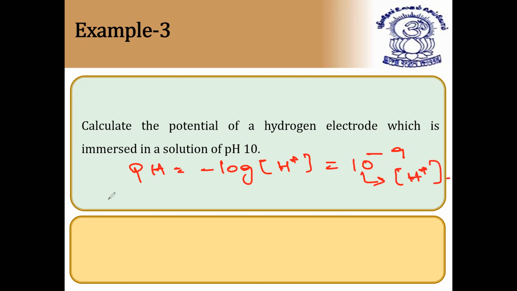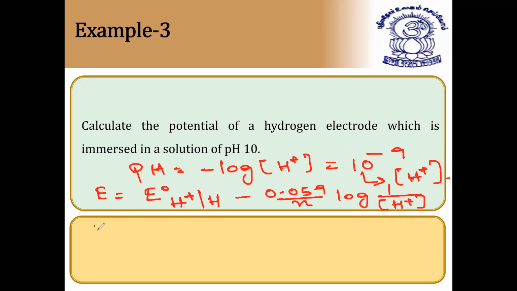So E is equal to E degree of H plus to H, minus 0.059 by n into log of 1 by concentration of H plus.